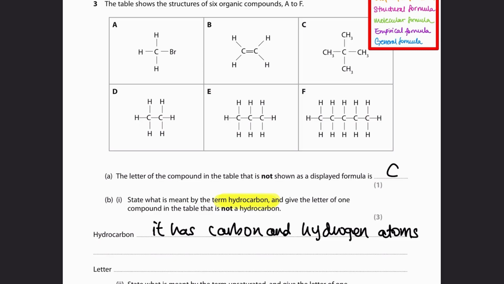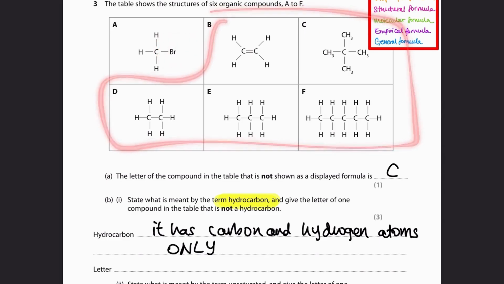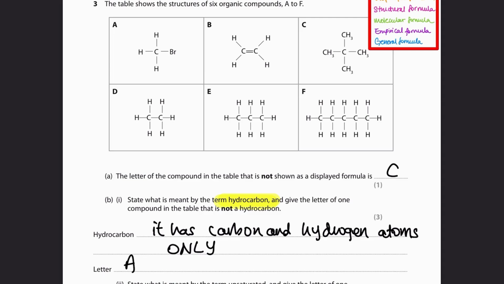The second mark is 'only'. It's like writing a check. You write the amount and then you write 'only' at the end, so people can't add on more numbers after that and try to get more money out of your check. So 'only' means that if it does not only have carbon and hydrogen, then it is not a hydrocarbon. So who is not a hydrocarbon here? That's got to be A, because it's got a bromine. Everybody else is carbon and hydrogens only, isn't it? So that's nice and easy.